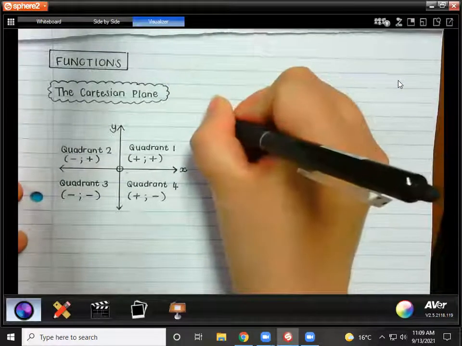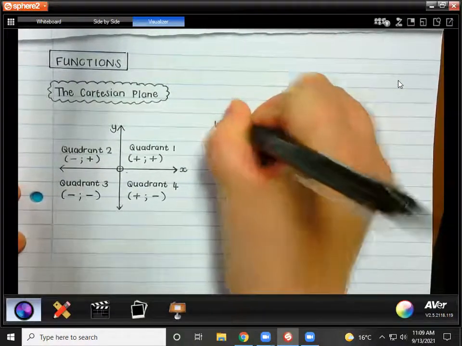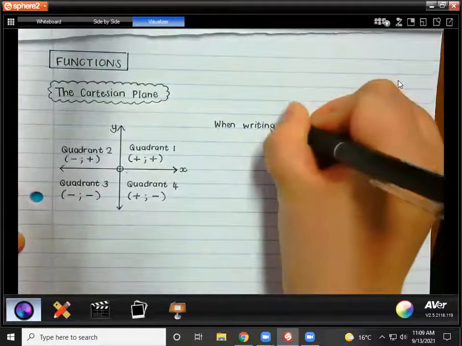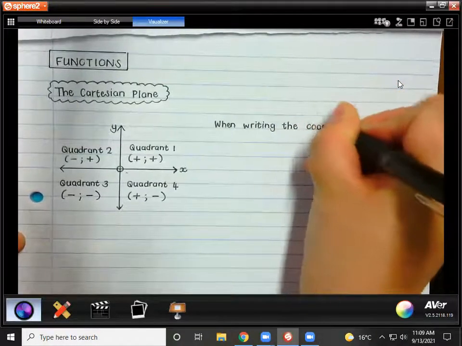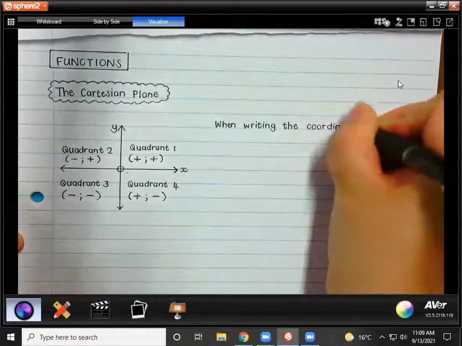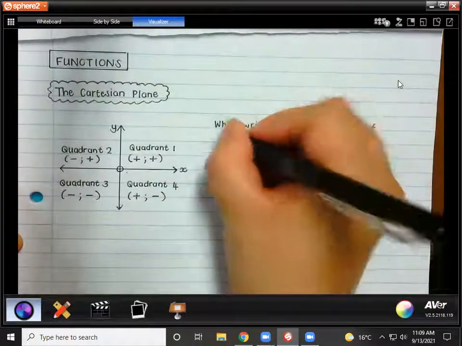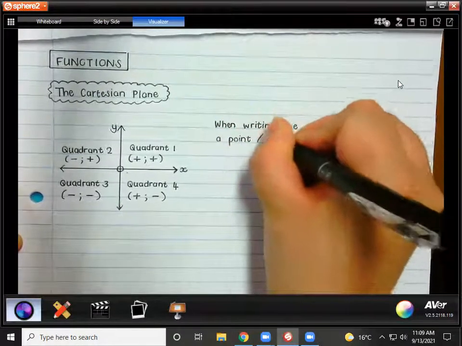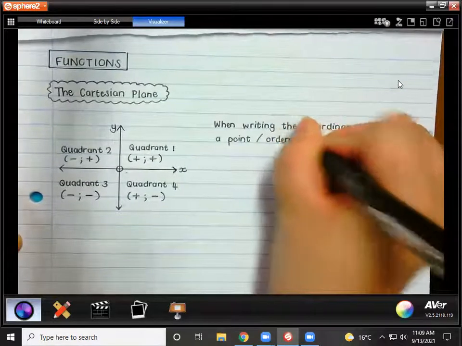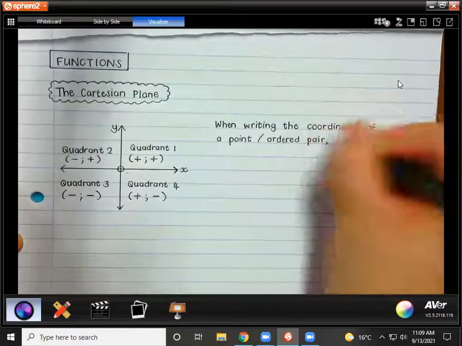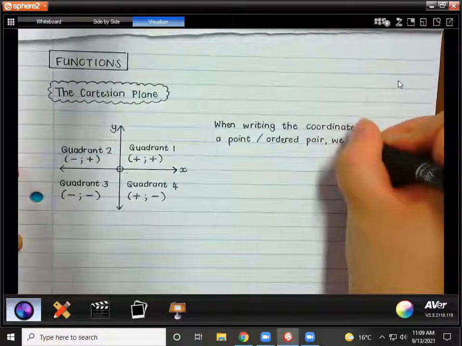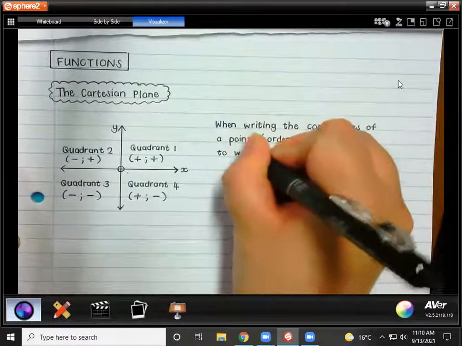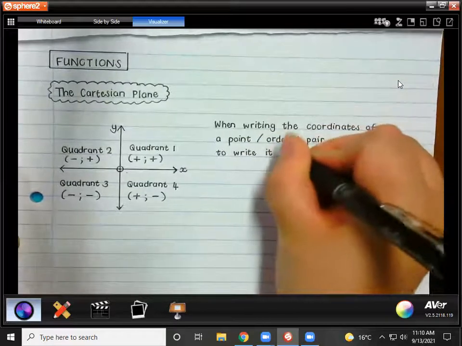All right, I'm just going to write here: when writing the coordinates of a point, slash ordered pair, we have to write it in this form.